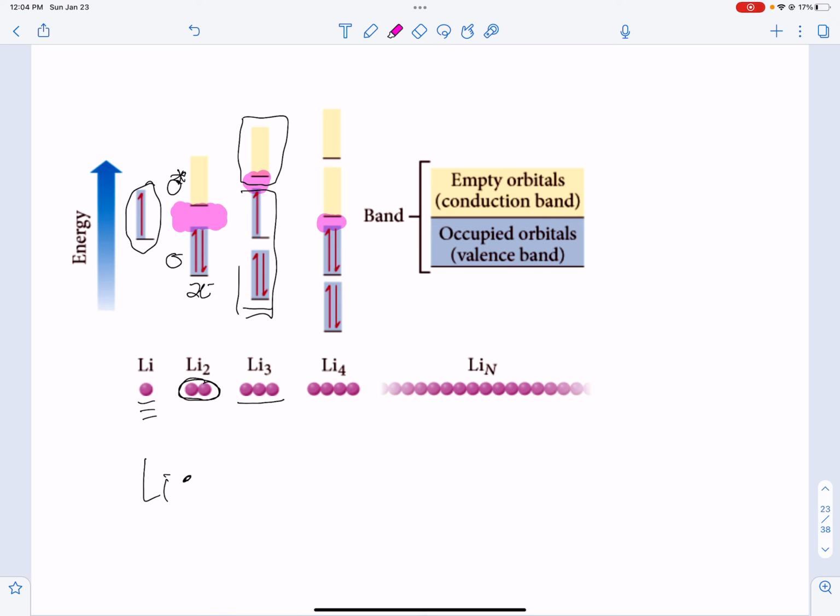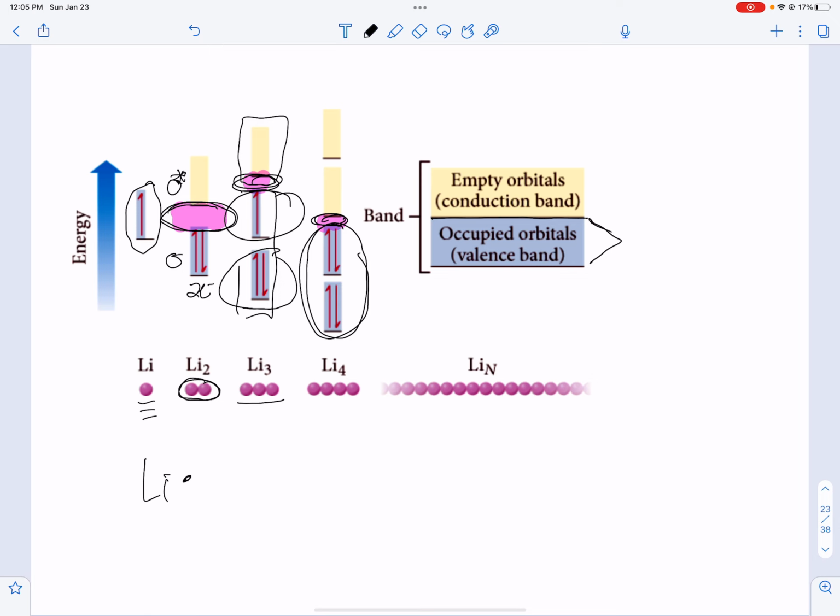You're going to have so many atoms together that this band, this gap between the bonding and the anti-bonding, the more you have, the smaller it gets, up to a point where the gap is basically gone, depending on the elements, and the bonding orbitals start overlapping each other. So instead of discrete orbitals, now you have a band.